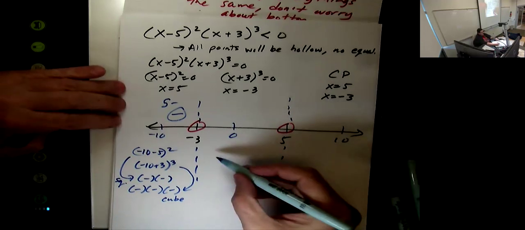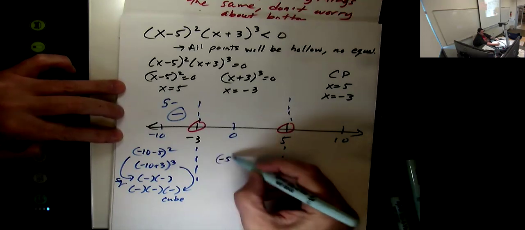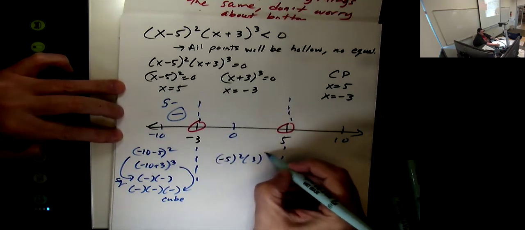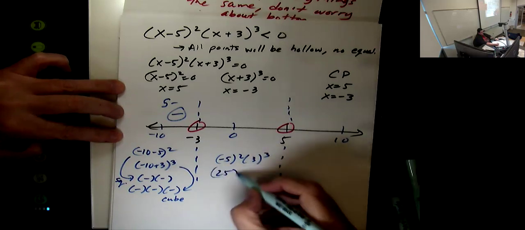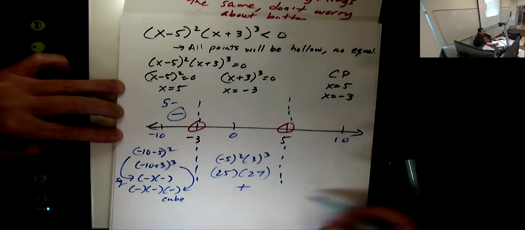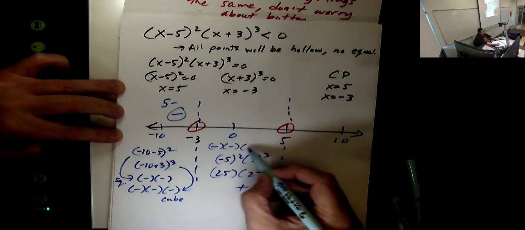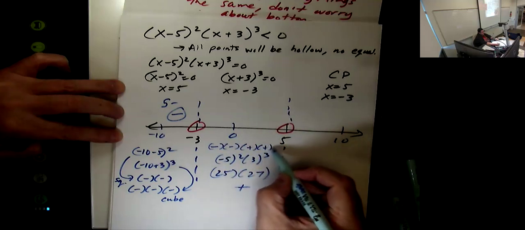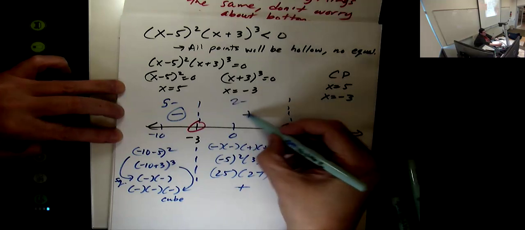This one's pretty easy. Plugging in 0 just gives me the number. -5 squared times 3 cubed. This is 25 times 27. They're both positive. This is a positive region. If I count the negatives, there's 2 from the square and the rest are positive. 2 negatives, this is a positive region.